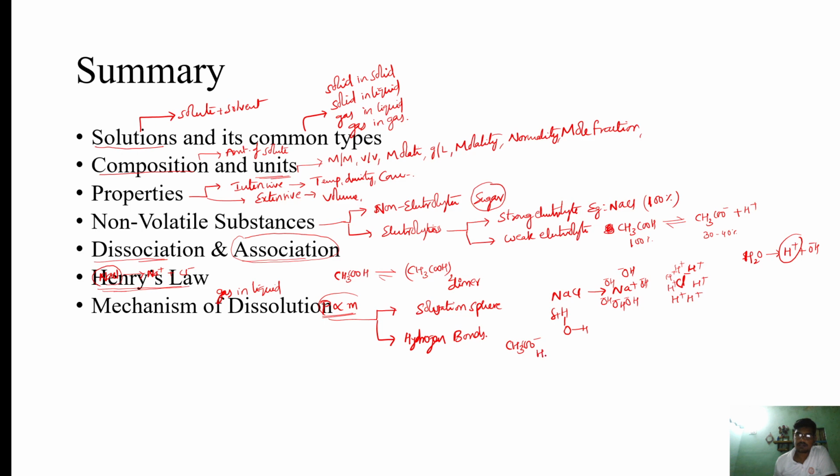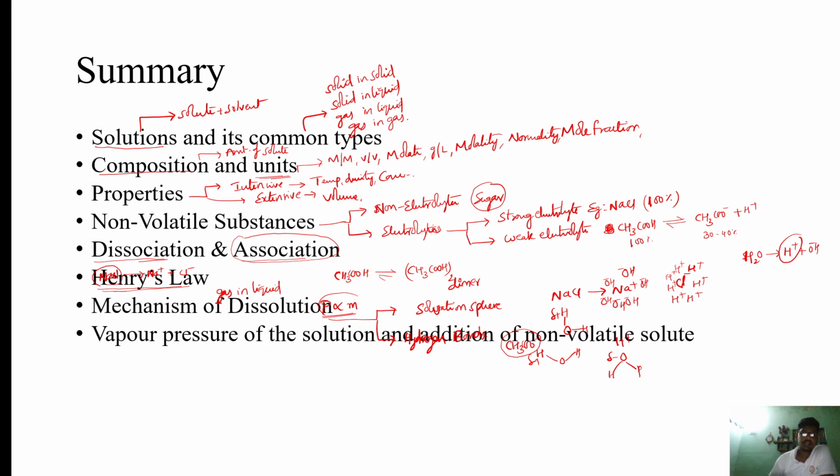These hydrogen atoms, which have a partially positive charge, will come closer to the partially negatively charged CH3COO minus ion, and thereby stabilize this ion. In a similar manner, the H plus, which is the counterpart of this CH3COO minus, is stabilized by the oxygen atom, which has a partially negative charge. So these are the two mechanisms that you must know that are involved in dissolution.